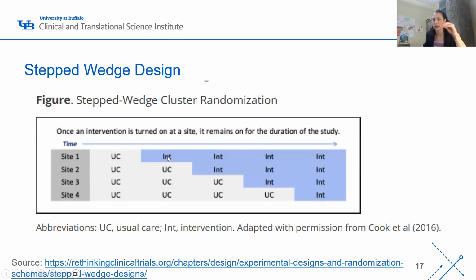Then we turn the intervention on in site number 1. The rest remain in usual care, et cetera. So over time, we eventually get to everyone. But each site is essentially its own control from the pre to the post. But then you can also compare all of the usual care period to all of the intervention period.